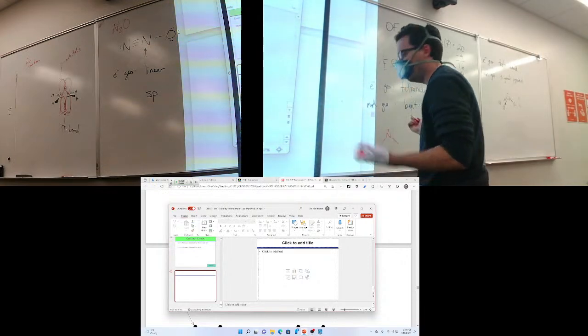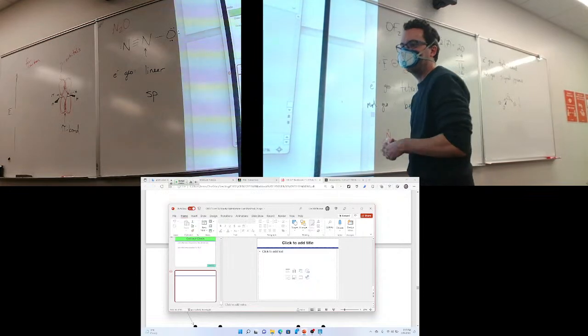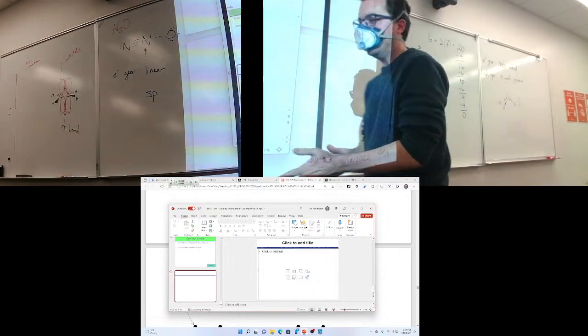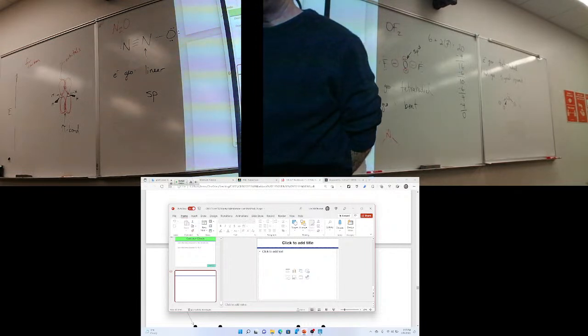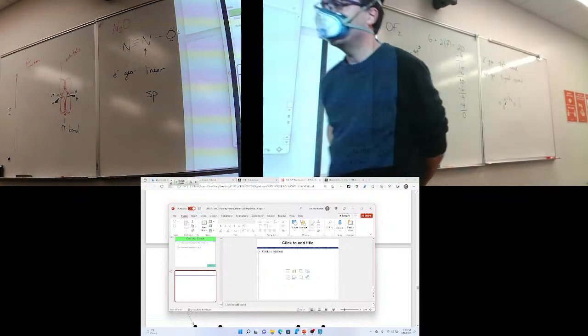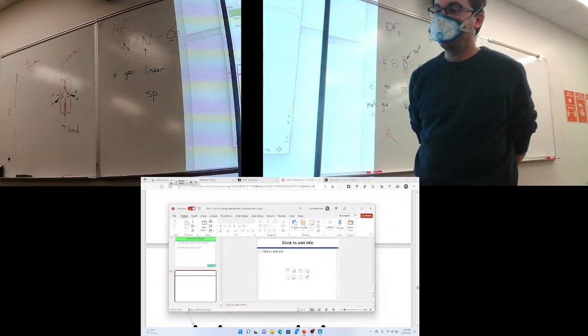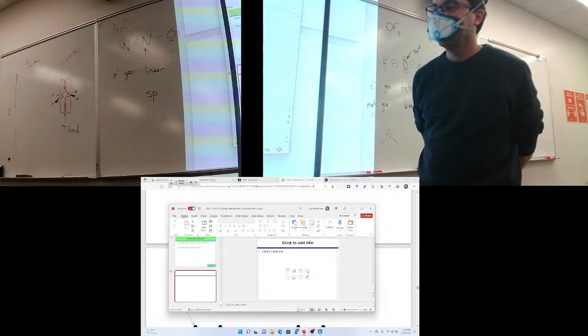So what's left is bent. Yeah, I think I wrote that right, I drew it wrong though. It's bent a little bit. There's approximately a 120-degree angle between them.